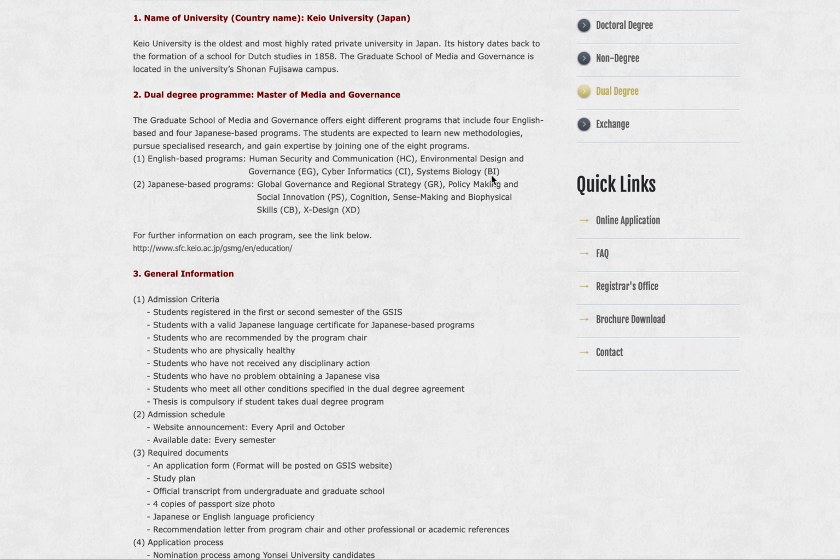And if you are good at Japanese, you can choose global governance and regional strategy, policy making and social innovation, which is the program I'm studying, cognition, sense making and biophysical skills, and X design. These four programs are Japanese-based, so you have to submit your Japanese language proficiency test certificate.